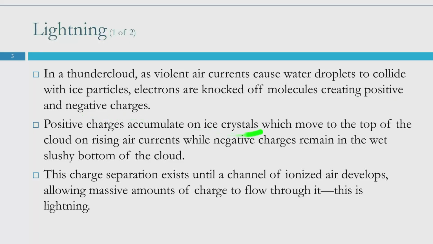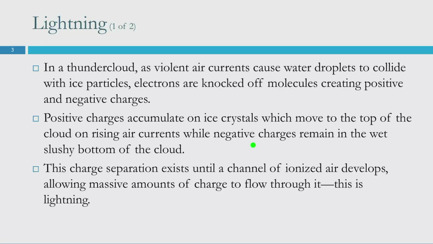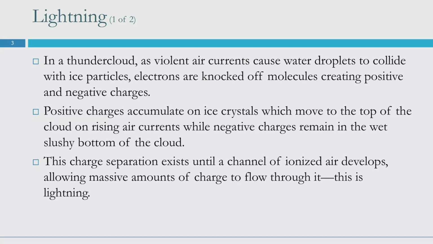You get positive charges that accumulate on the ice crystals, and those get floated up to the top of the cloud on the rising air currents, and those negative charges are going to remain in the wet slushy bottom that's not as icy. When that charge separation starts to develop, it builds and builds until it eventually reaches a point where it has the potential to just flow through the air, the water, the things that are around it.